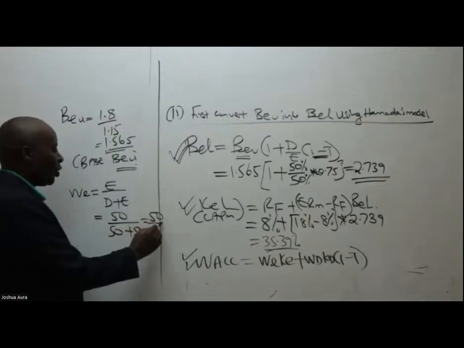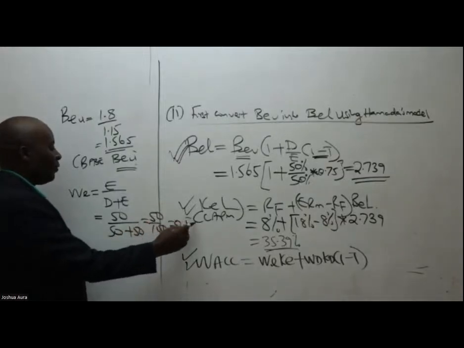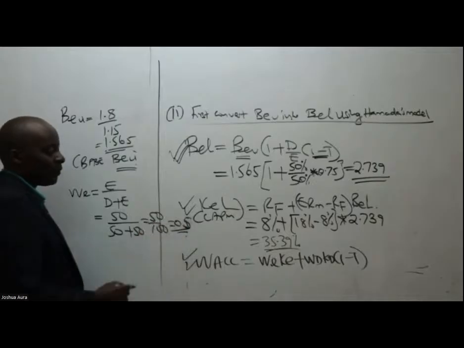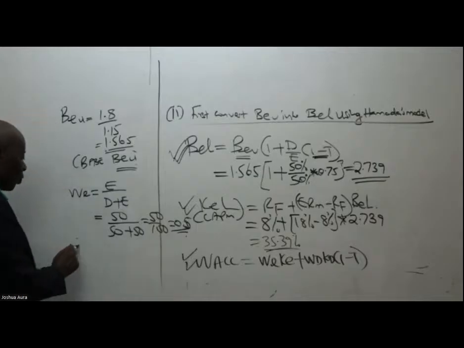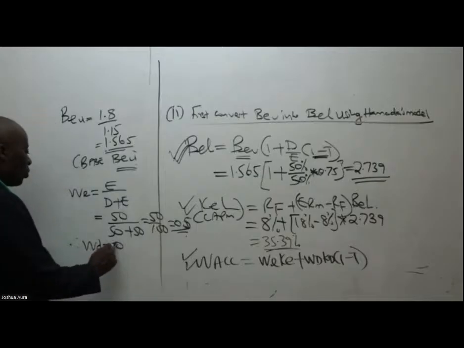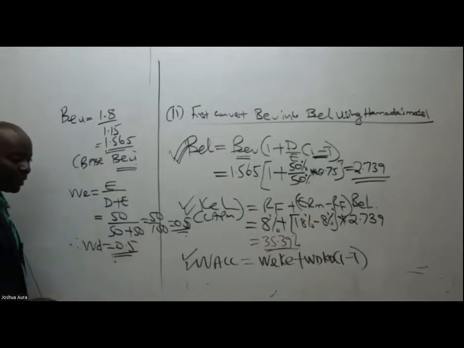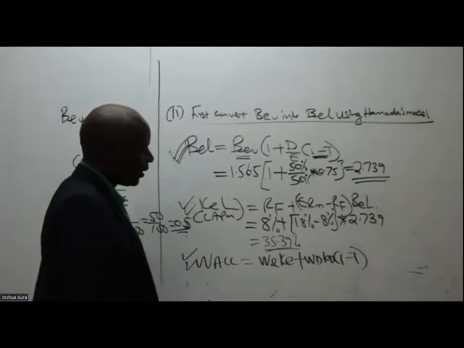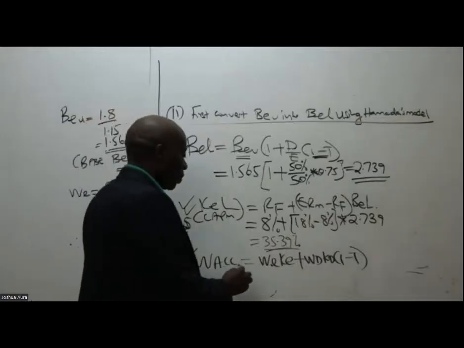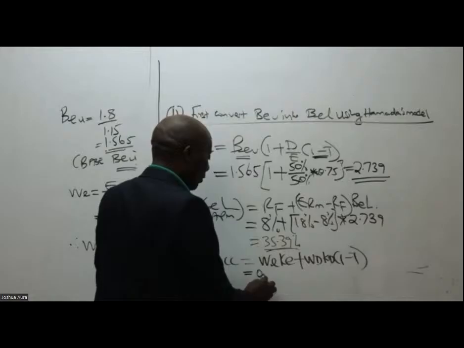So this will be 50 over 100, which is 0.5. And then the moment I've gotten weight of equity, weight of debt will also be 0.5. So the weight of equity, ladies and gentlemen, here is 0.5.